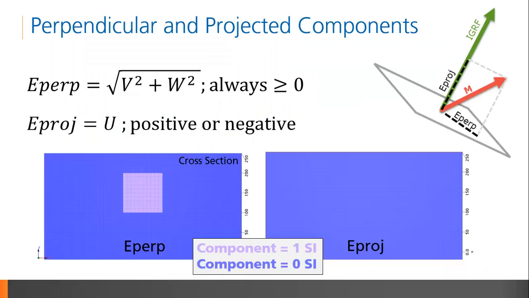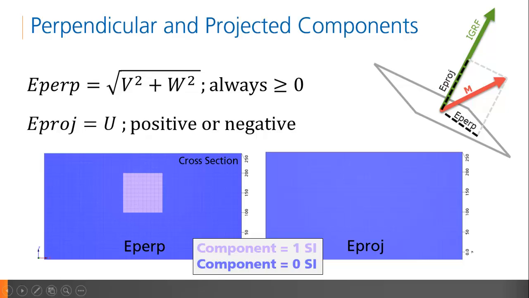The magnetization vector can also be represented by the two scalar quantities we've termed E_perp and E_proj. These are respectively the components of the magnetization vector that are perpendicular to and projected onto the Earth's magnetic field direction. The components are given by these simple equations.